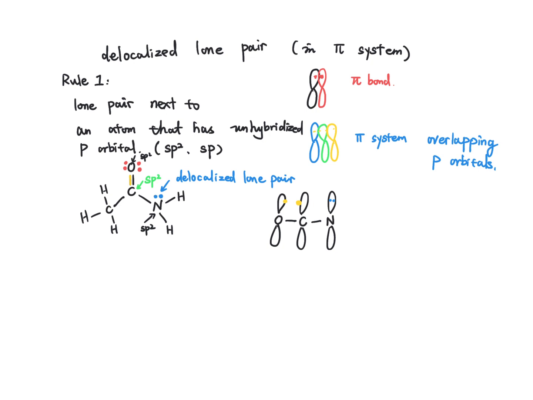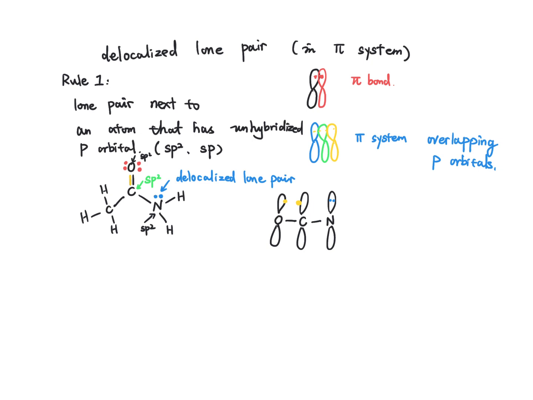But in reality, because you have this pi system, these 4 electrons will not just sit like this. They can move around and spread out. That also gives you the idea of resonance in the future. So that is how we can determine the delocalized lone pair. That is rule 1.